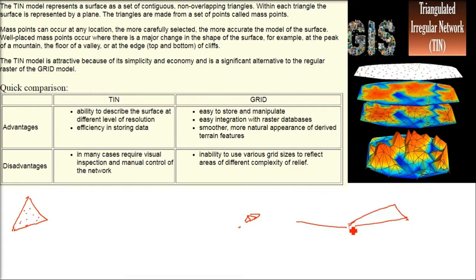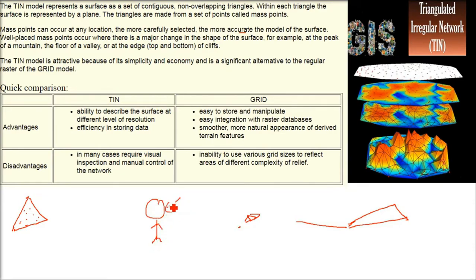But if the height is not varying, you can achieve it by just making one triangle. For a more accurate model of the surface, we have well placed mass points, and when there is a major change in the shape of the surface, if you see the peak of the mountain, floor of the valley, the edge, so there is some variation, you put more triangles.